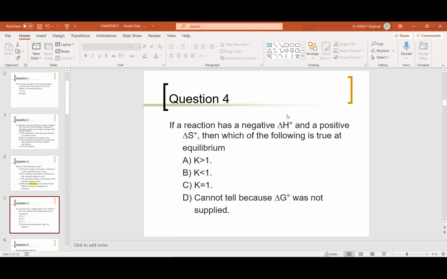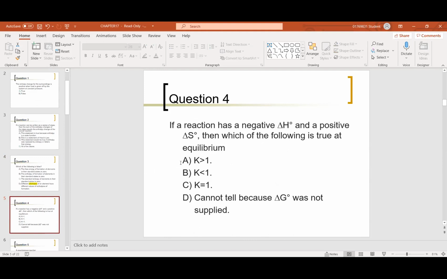Okay, if a reaction has a negative delta H and a positive delta S, then which of the following is true at equilibrium? Negative H, positive delta S. That means the overall reaction will be negative, so it's spontaneous.